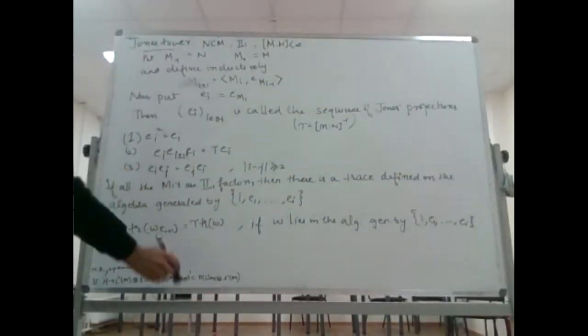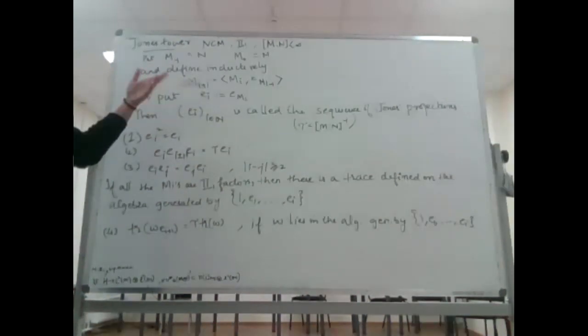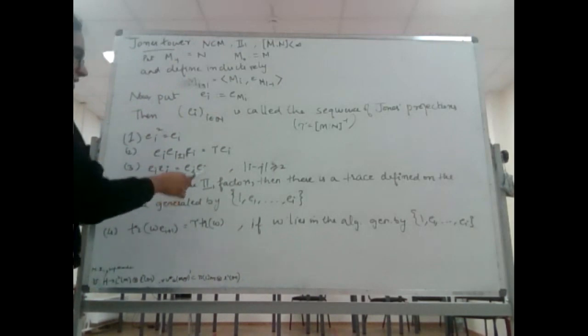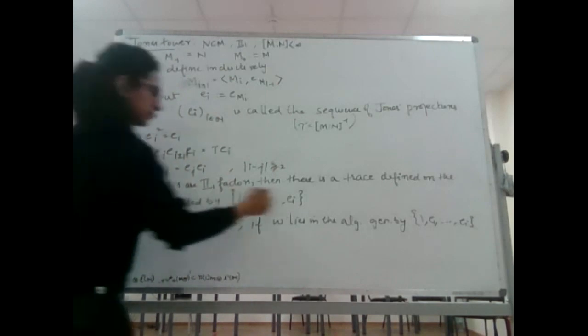All right. So these are the relations that the sequence satisfies. For now, we just know that these are von Neumann algebras that we've created. But it turns out that for the hyperfinite factors, all of these are type II1 factors. And for that case, there is an additional condition that the trace satisfies.